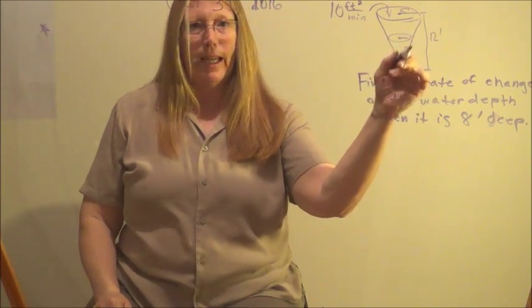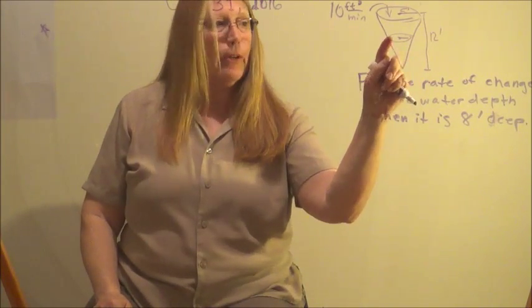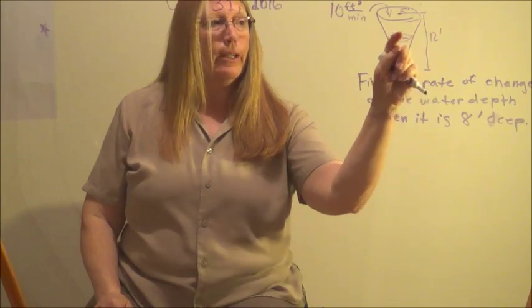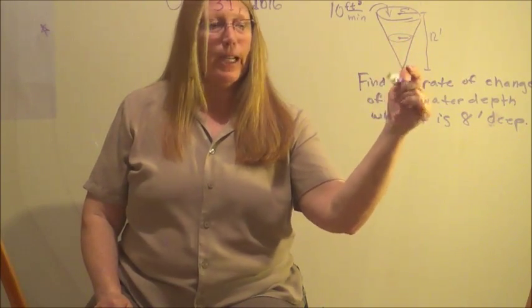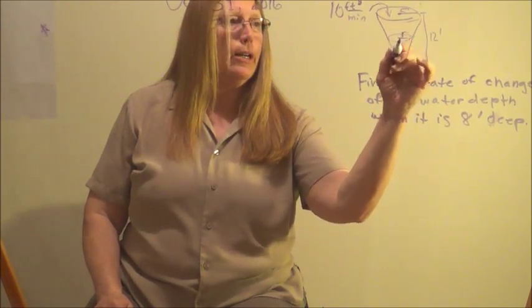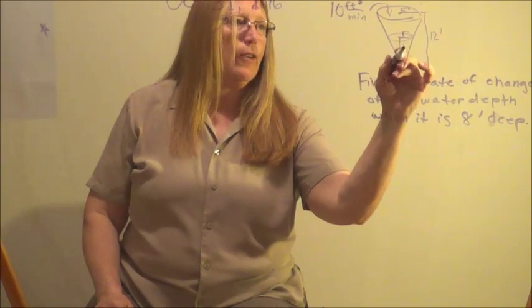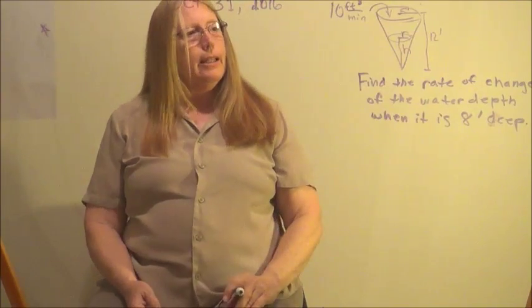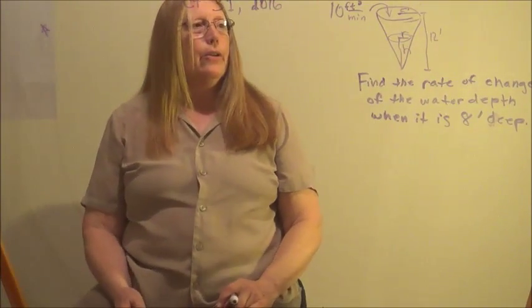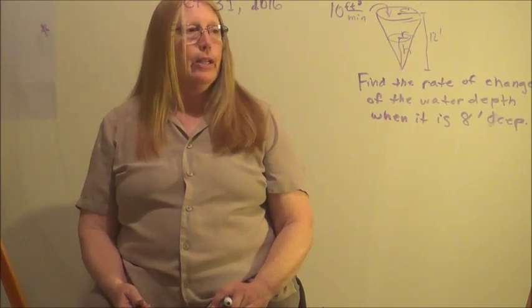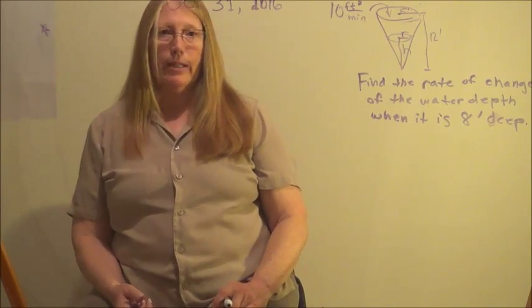There's a cone inside a cone. So the water level also has a circular top, and that has a radius. I'll call it small r, and it has a depth. I'll call that small h for height. So that is all the numbers that were known, and we've labeled things that are going to be useful to us.